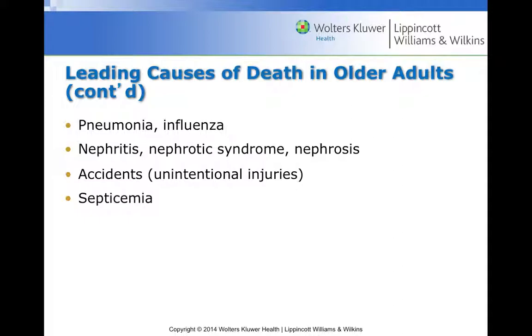And while we're talking about the older adult, let's look at nursing care for that older population. So again, note that gerontology is the scientific study of the aging process. It is a multidisciplinary field that draws from biologic, psychological, and sociological sciences.